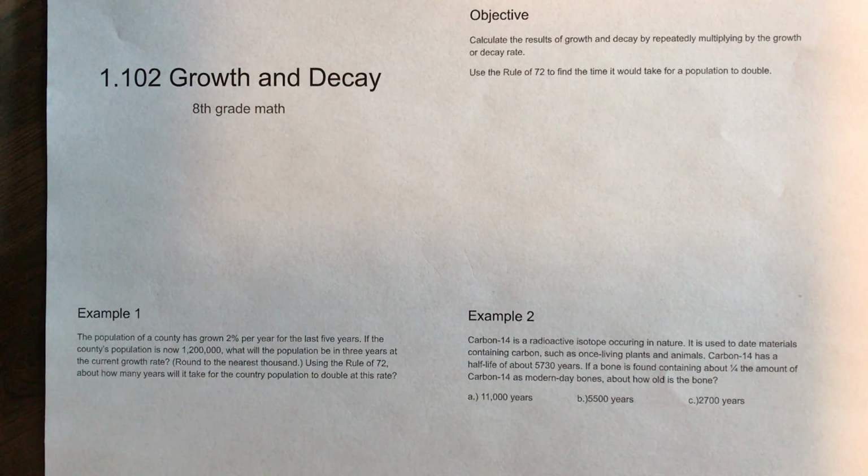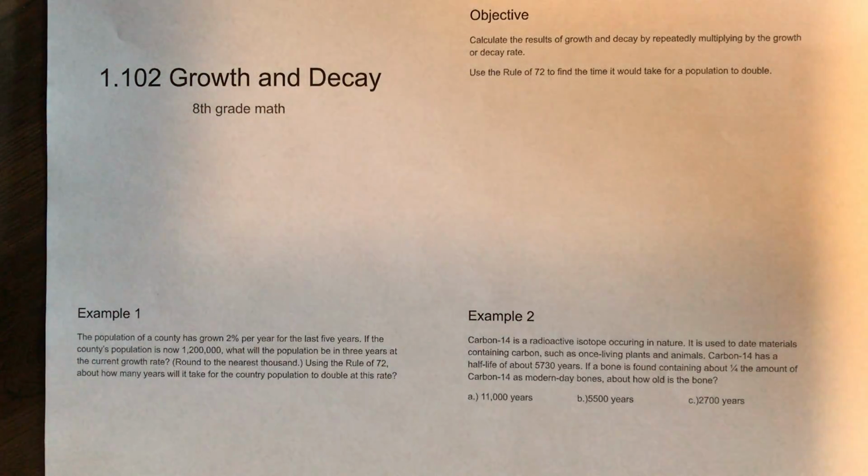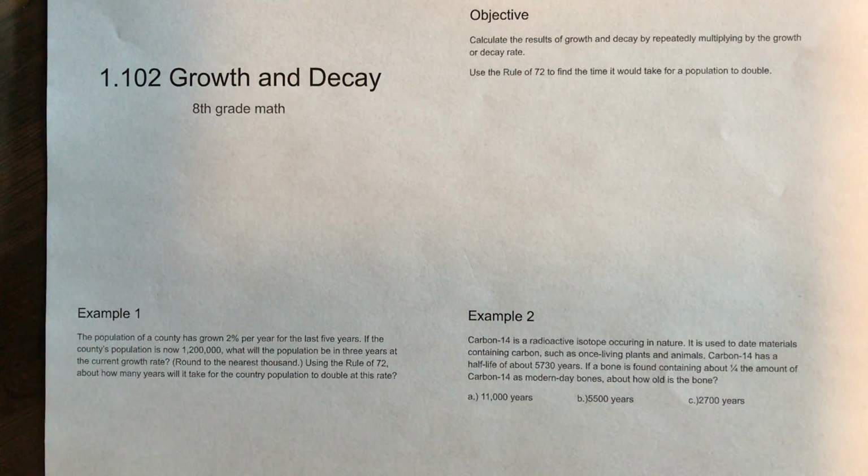So, years to double equals 72 divided by the interest rate, where the interest rate is the rate of return on the investment. I just thought I'd do a little backup on it because the problem says to use the rule of 72 to find the time it would take for a population to double. So obviously we're going to figure that out today.